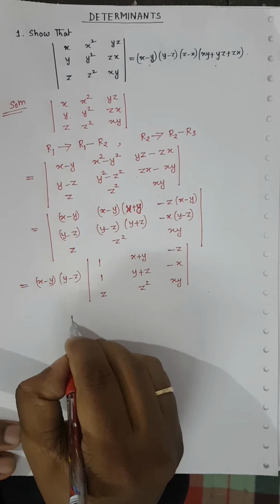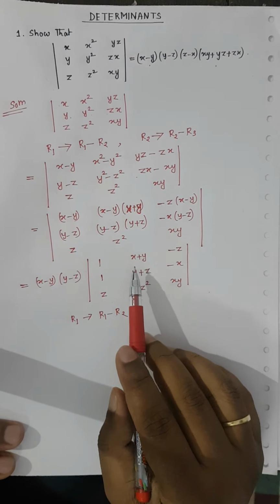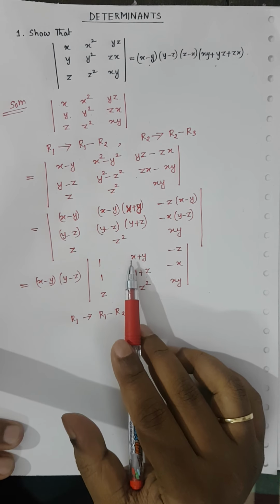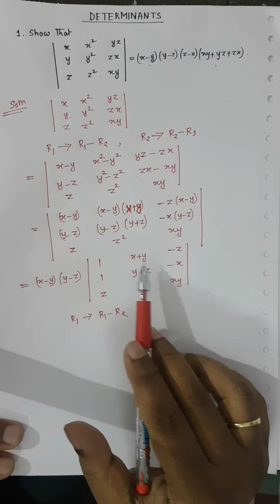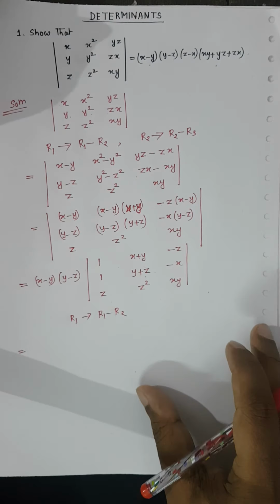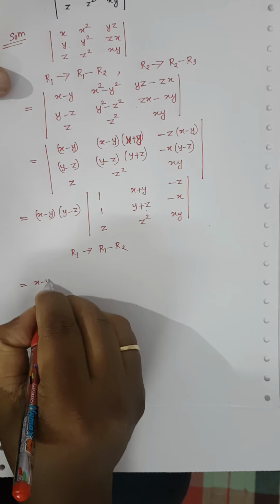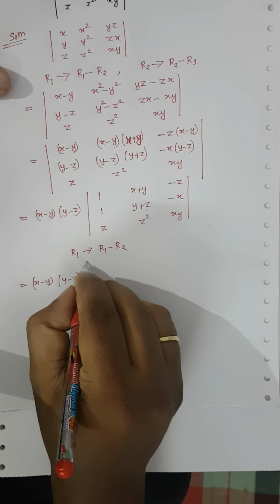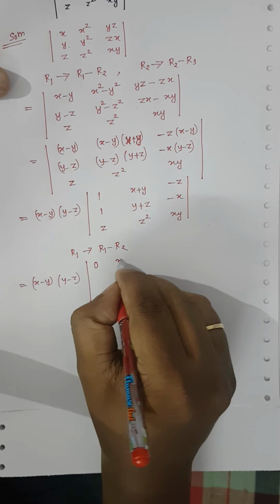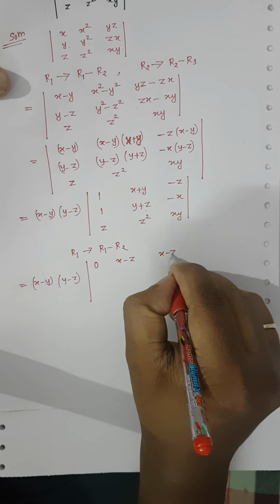Now the operation: r1 changes to r1 minus r2. Why this? Because if I subtract y plus z from x plus y, I will get x minus z. So row 1 changes to x minus y into y minus z, 1 minus 1 is 0, x plus y minus y plus z is x minus z, minus z plus x is again x minus z.